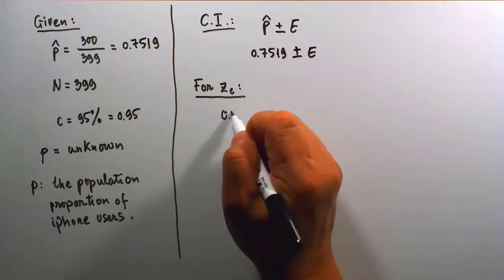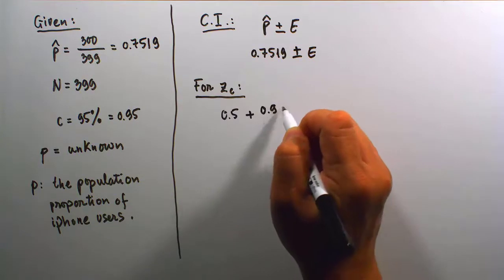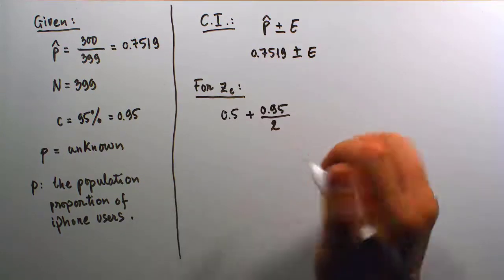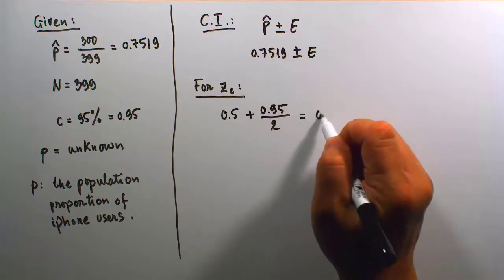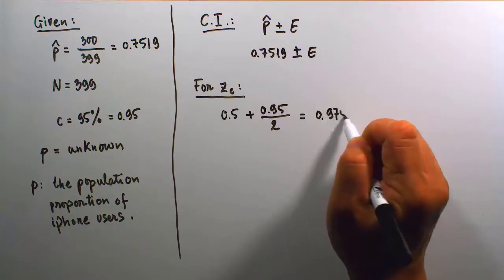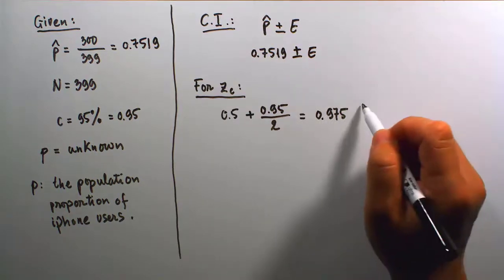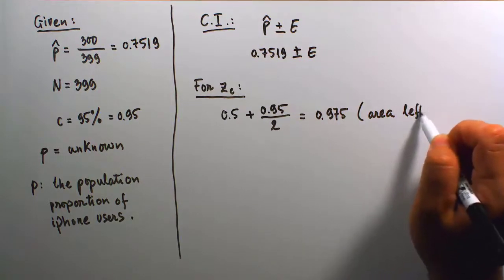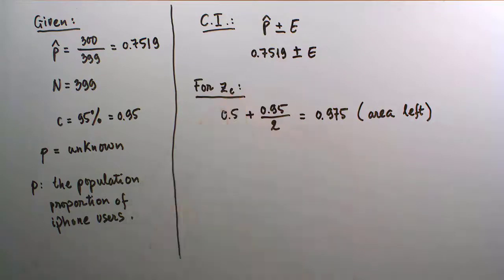0.5 plus half of 0.95, which is half of our confidence level. This gives me 0.975, and I regard this as the area to the left of this z sub c.